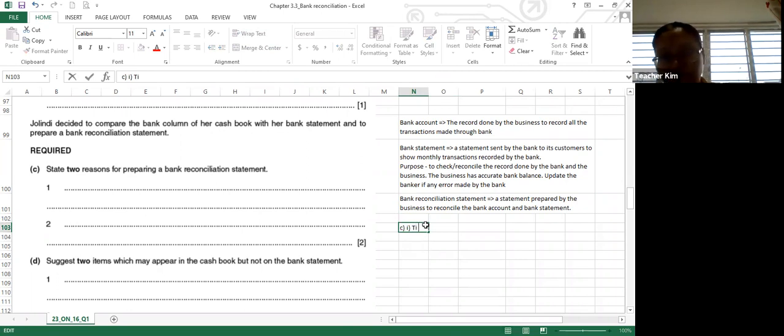to check any error by the business or the bank.